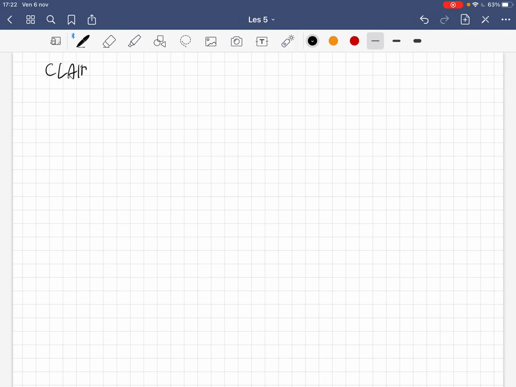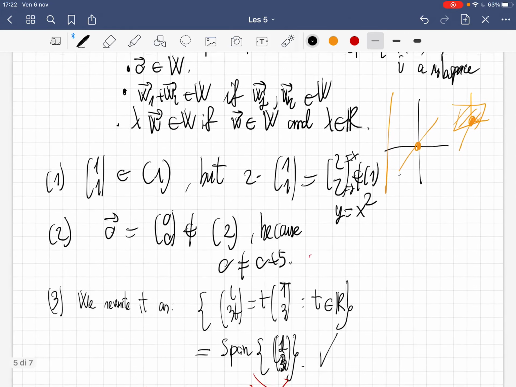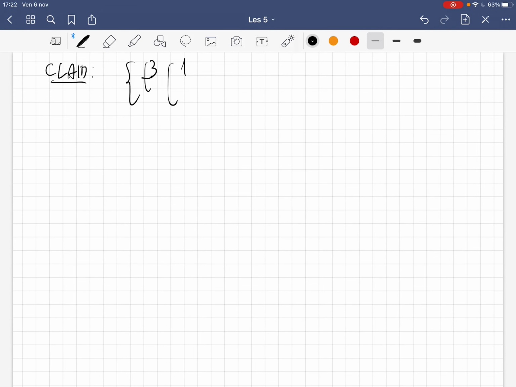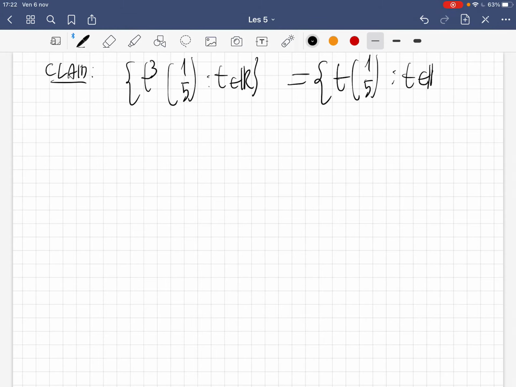So we have a claim here, actually. Well, the claim is that this strange set is the same as the regular span we know and love. So how can you prove this? It's an equality of sets you want to prove. So we have to check that first you have an inclusion like this.